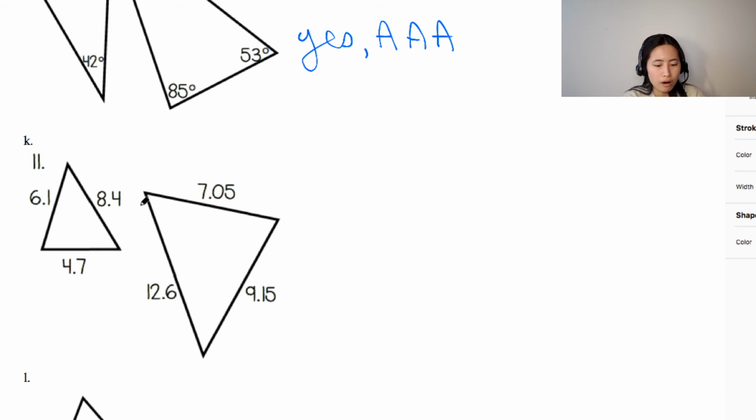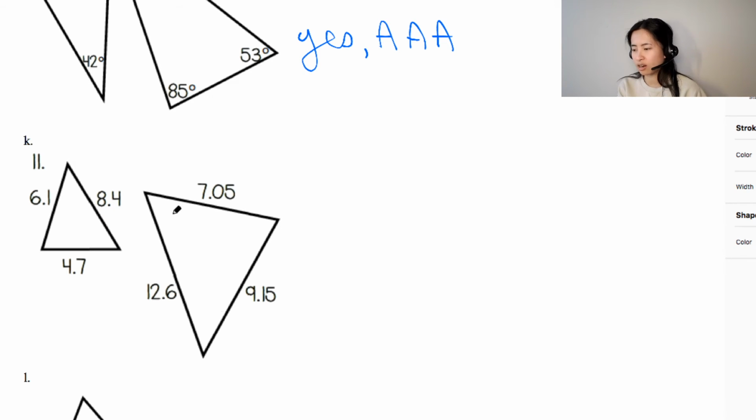Okay, so for part K, right, again, because we're given side, side, side, we need to check our dimensions. So what I'm going to do is to assess which one is going to be smaller, which one is going to be the longer dimension, right?